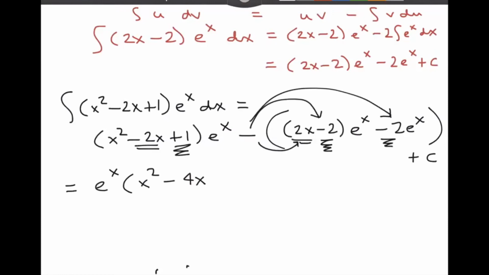So 1 plus 2 plus 2 is plus 5. And let's see, make sure I didn't miss anything. Minus 2x. Okay, plus C.